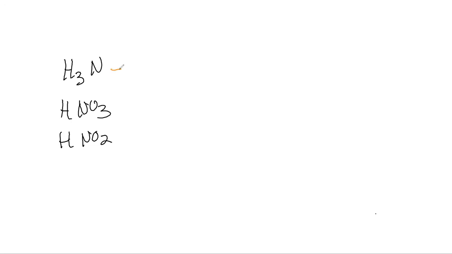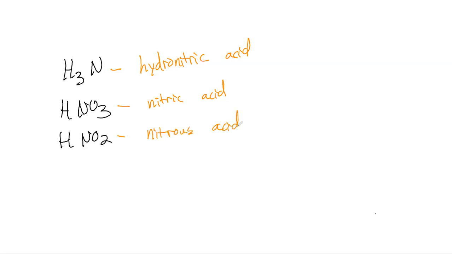Now that's just our nitrogen and a hydrogen. So we should start that with hydro. Instead of nitrogen, we should change that to hydronitric acid. HNO3, that's a polyatomic ion, and that's nitrate, so that becomes nitric. And HNO2 is nitrite, so that becomes nitrous acid. And so that ending allows us to change each of those other things.